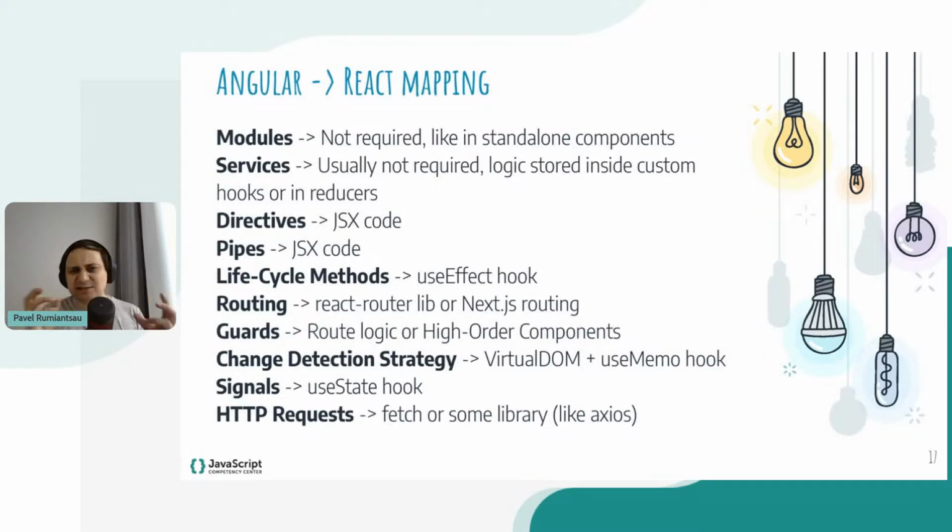So it's a little bit different, but the idea overall is quite similar. And if you want to make some HTTP requests, you can use default fetch. You can use some external libraries, for example Axios, which is quite helpful in case you want to have the logic on both the front end and back end side.